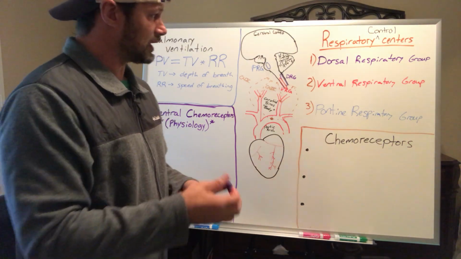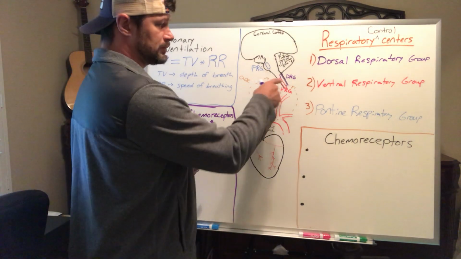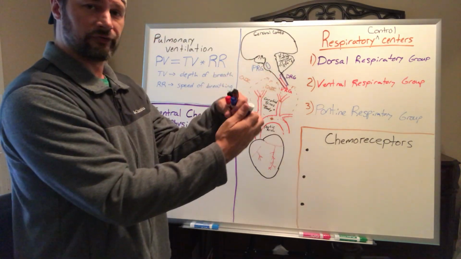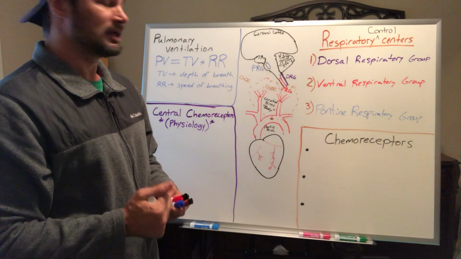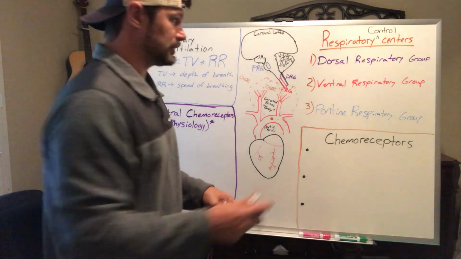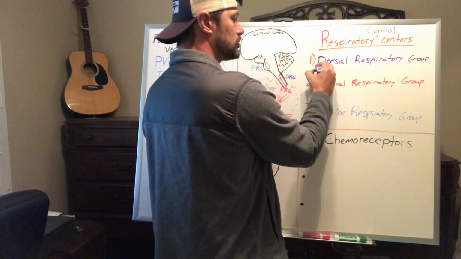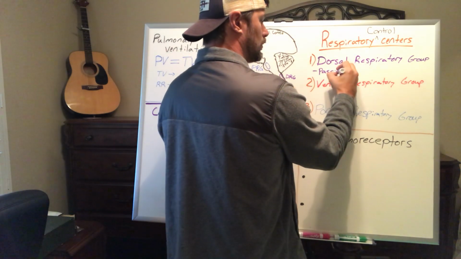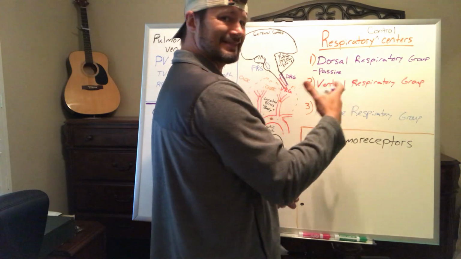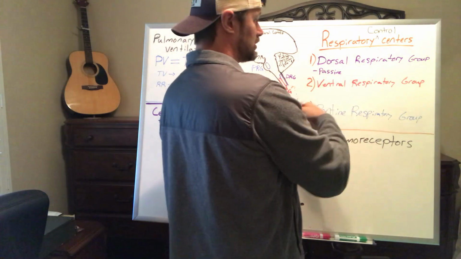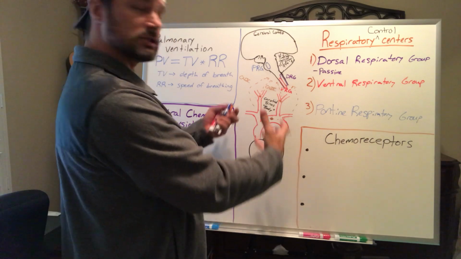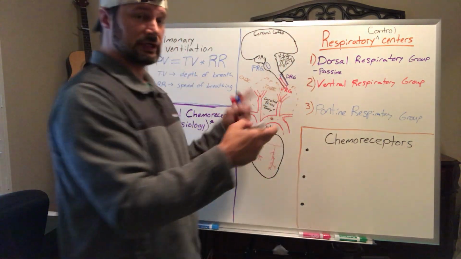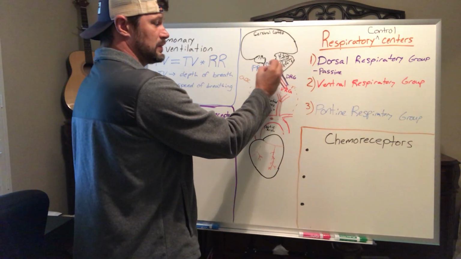So what do you guys need to know about each one of these? Okay, dorsal respiratory group. This is the primary group of neurons, subnuclei of neurons, that's involved with passive breathing. Okay, because these control passive inspiration in conjunction with some other ones, but this is kind of considered the integration center that is going to get information from the rest of the body, from the vagus nerve, from the glossopharyngeal nerve, and it's also going to get information from the PRG.